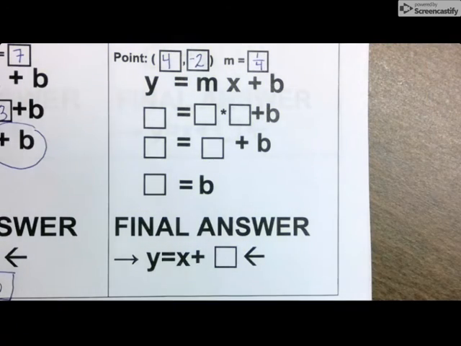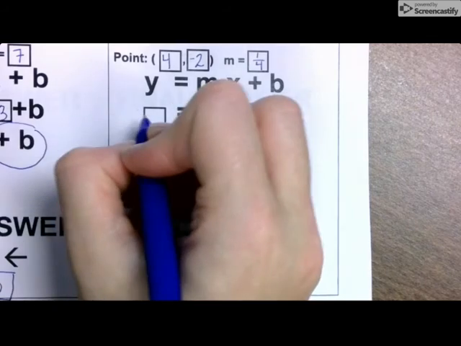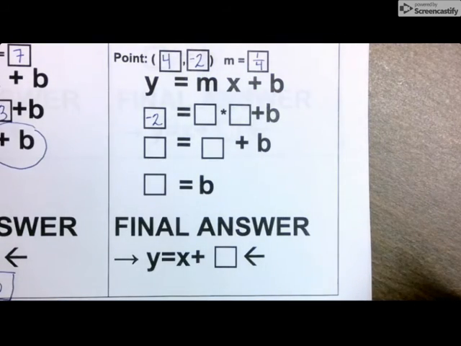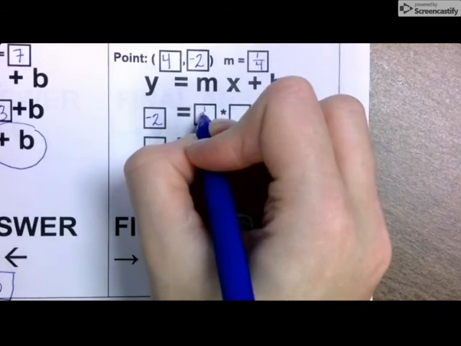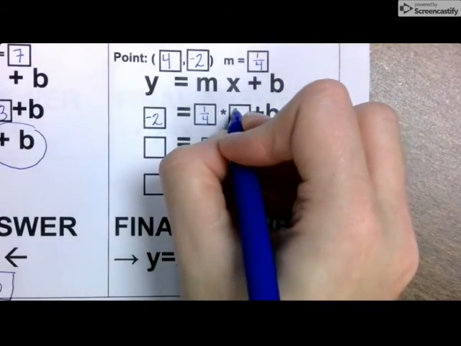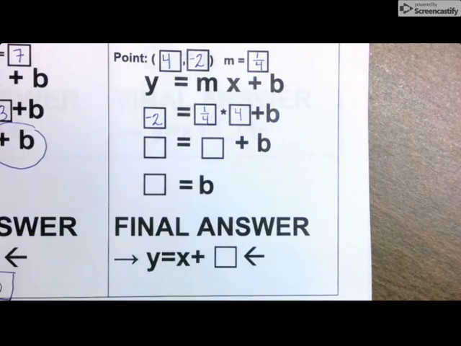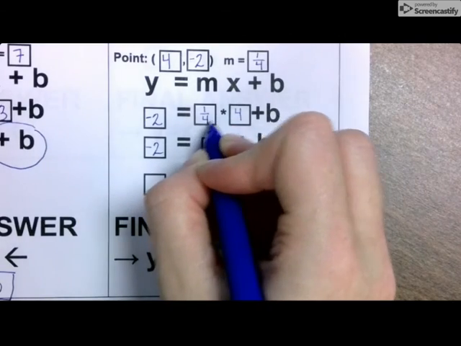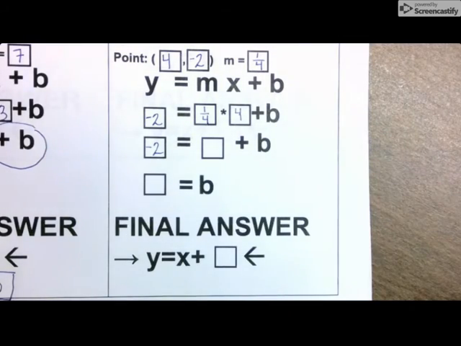So in place of y, I'm going to have -2. In place of m, I'm going to have 1/4. In place of x, I'm going to have 4. So I have -2, which does not change. What is +1/4 times +4? 1. Good.